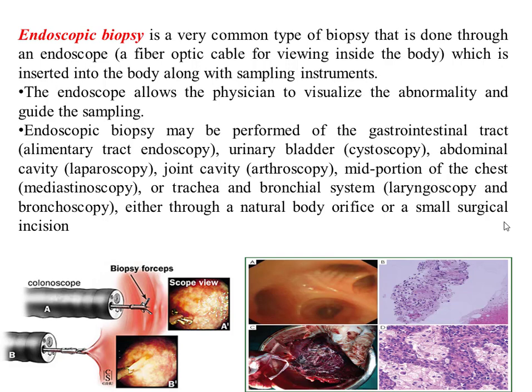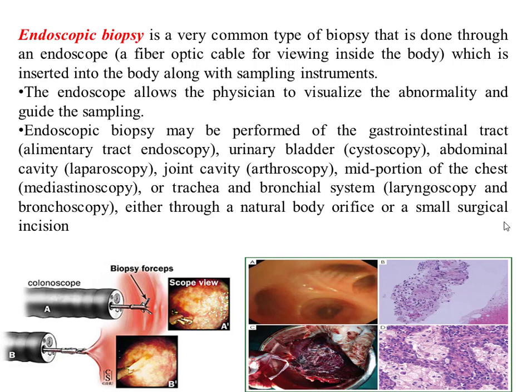It is a very common type of biopsy that is done through an endoscope, which is inserted into the body along with sampling instruments. The endoscope allows the physician to visualize the abnormality and guide the sampling.